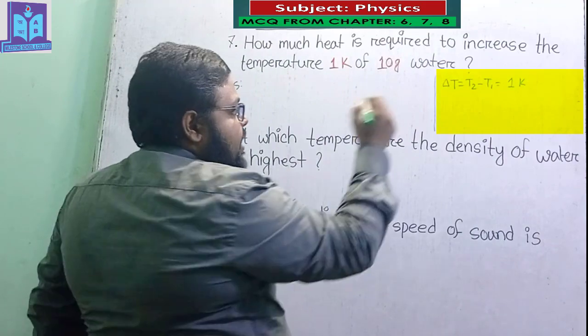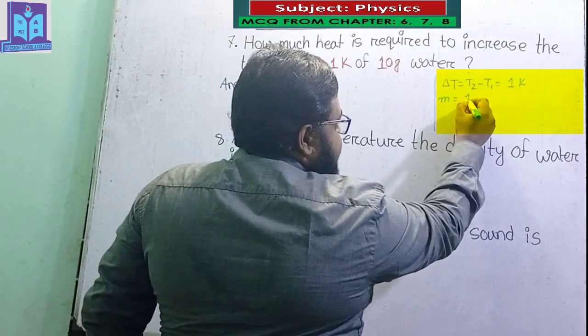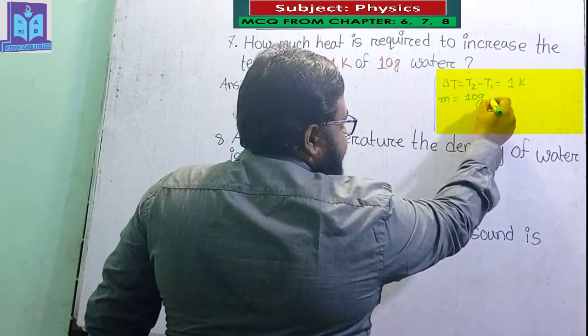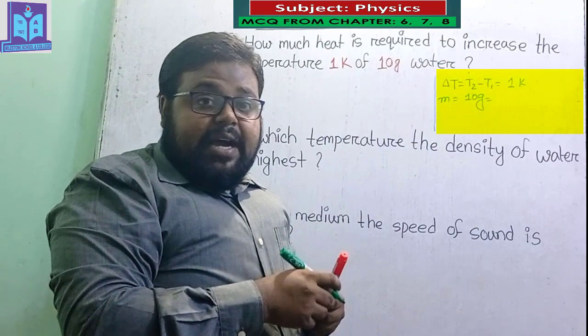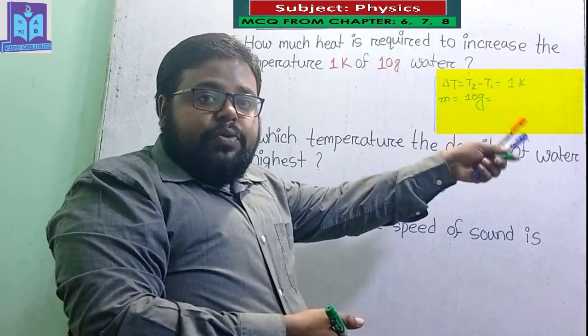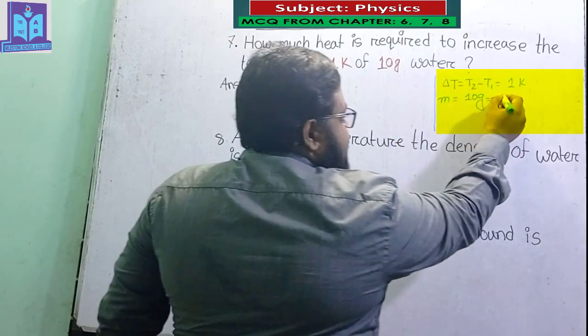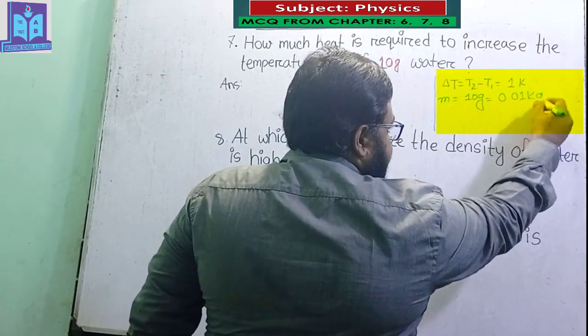The mass of the water M equals 10 gram. If we divide this 10 gram by 1000, it will be converted from gram to kg, and the answer will be 0.01 kg.